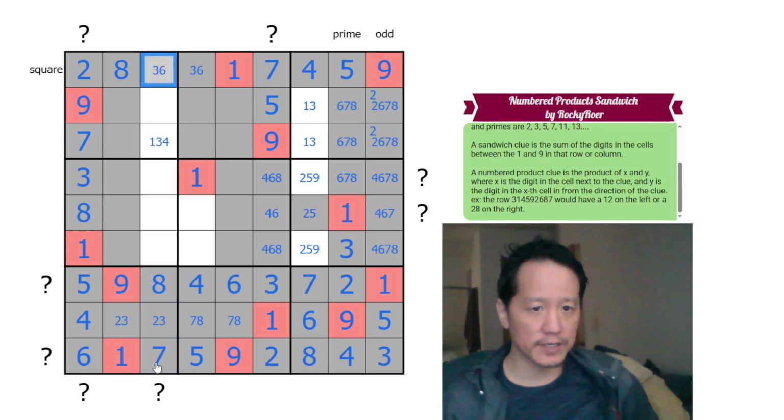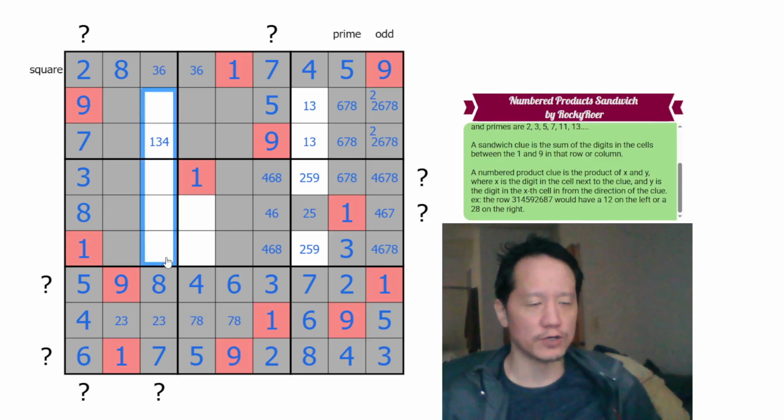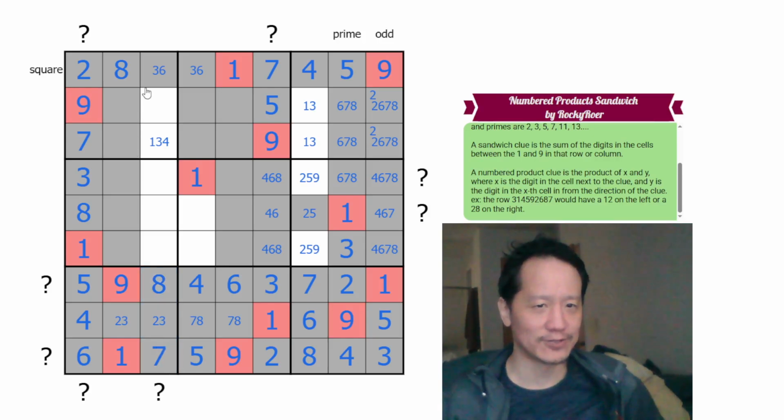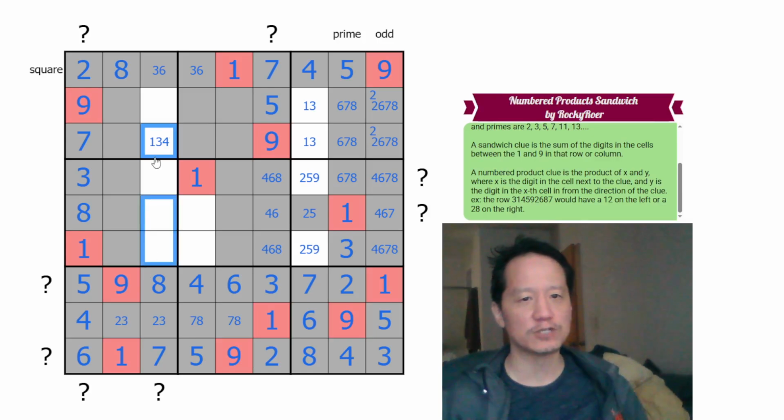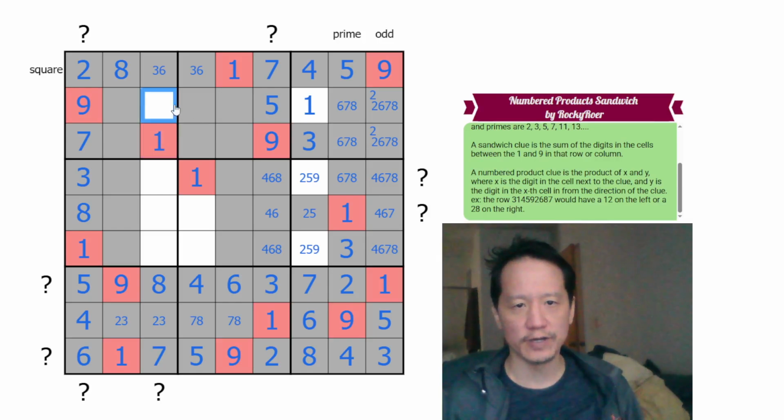We already know it's at least 7 and 8, which is 15. Oh, so it's less than 20. What's in between then has to be less than 21 because it has to be at least 20 outside. Sorry, 15 outside. Actually, it is at least 20 outside, so then it's less than 15, which means this has to be a 1. So this is a 1, which makes this a 3, which makes that a 1. This is not a bread, but this is a bread. This is then not a bread, so this must be a bread.